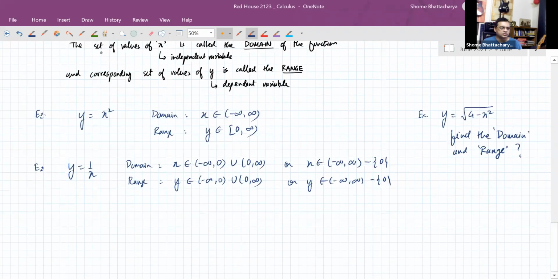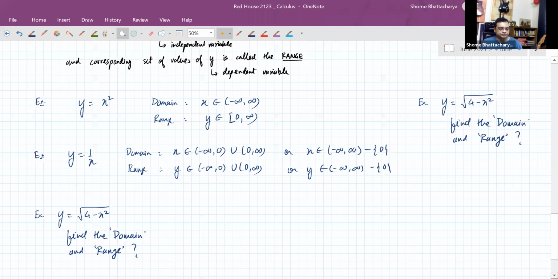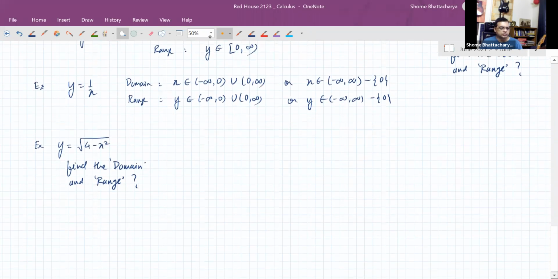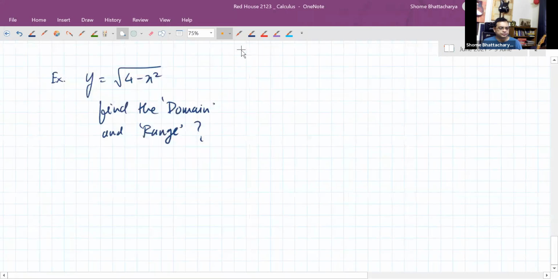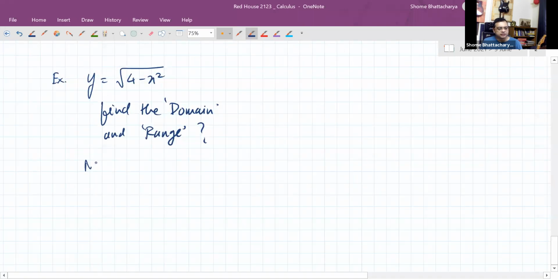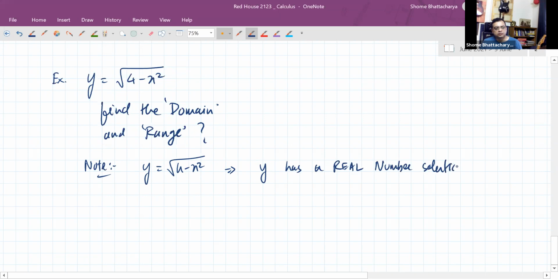Okay, so let's look at this example. We can understand that y is equal to root of 4 minus x square. This implies that y has a real number solution when 4 minus x square is greater than equal to 0.